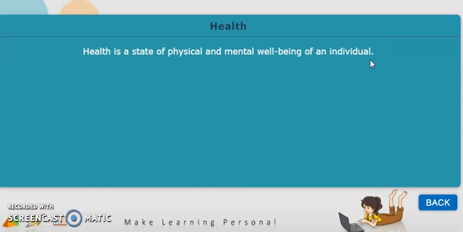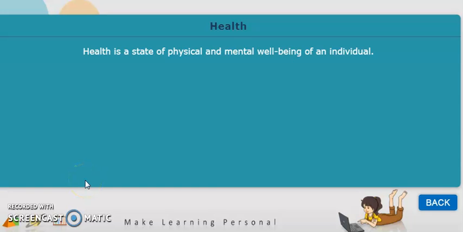We can also say, according to WHO, that children, we use this term health very frequently. It's not a mere absence of disease, it's also for the effective functioning of our body organs, so that we do not have any sort of disease, illness, or allergies.